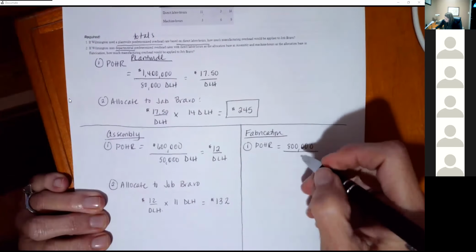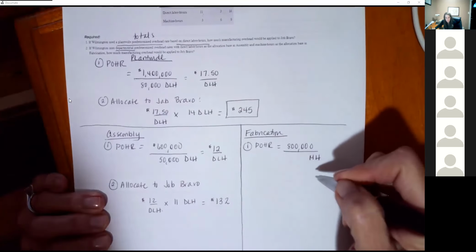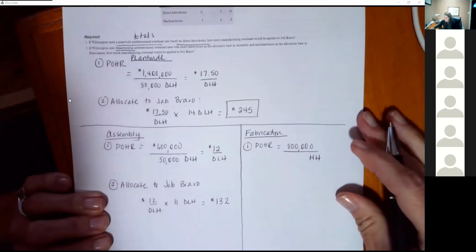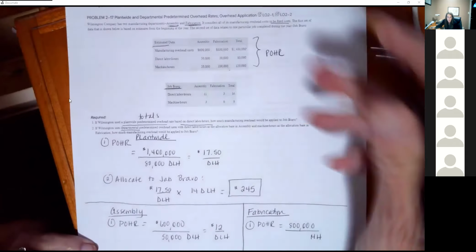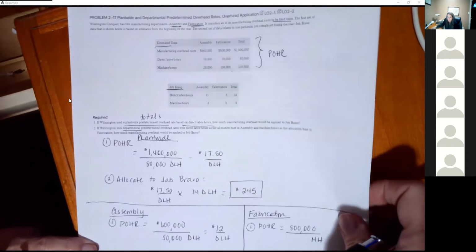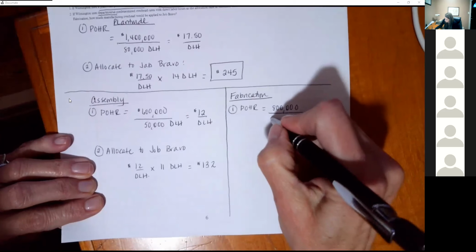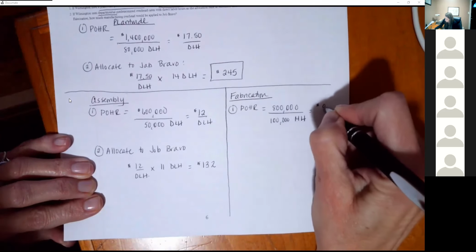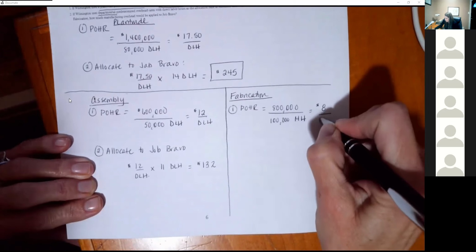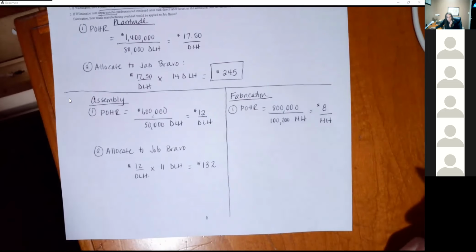Machine hours. Right, machine hours. And how many do we expect to spend in fabrication? 100,000. Right, that's our expected is 100,000. And so you get $8 per machine hour.